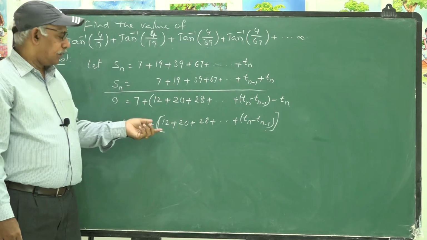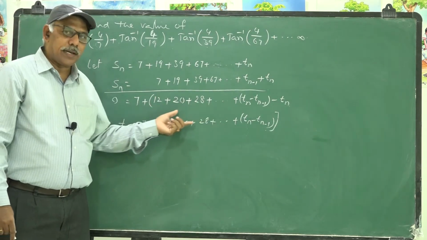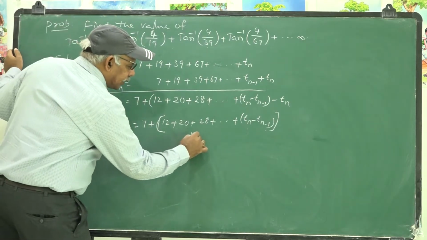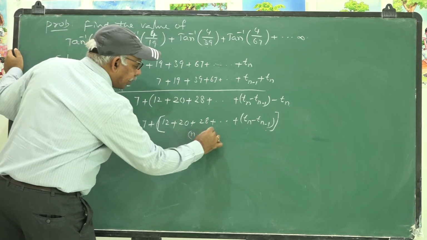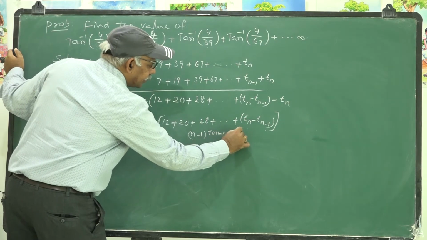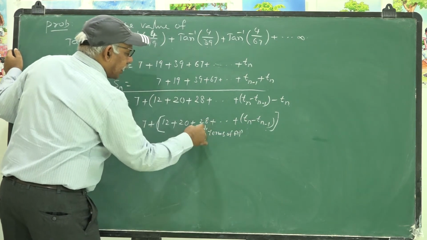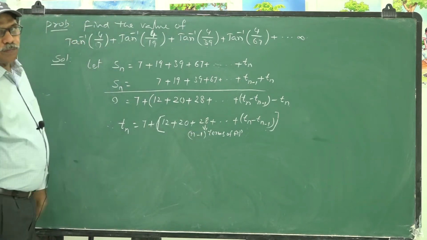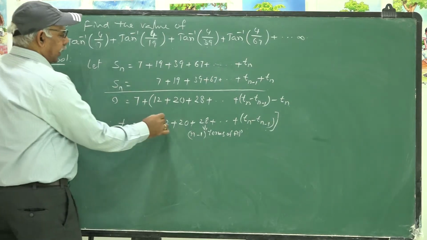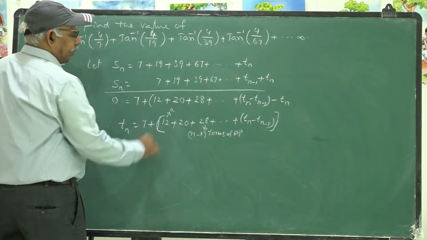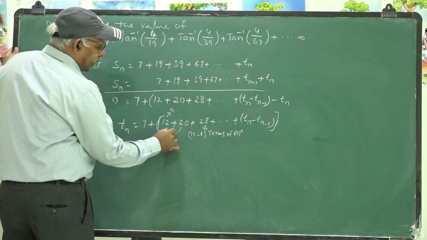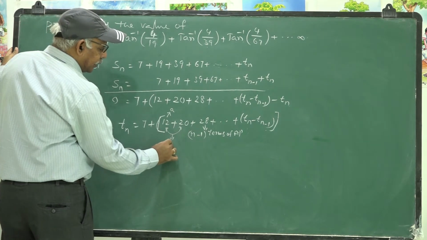Moreover, these are n minus 1 terms of an AP whose initial term a is 12 and common difference d is 8.